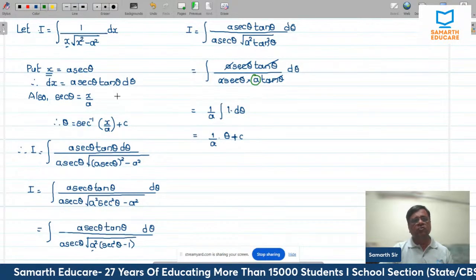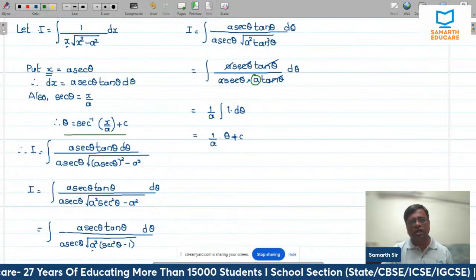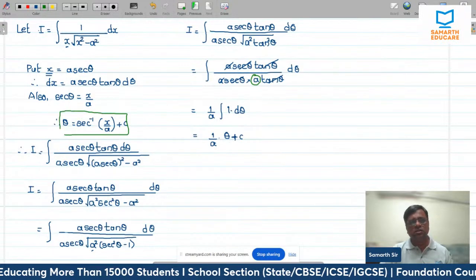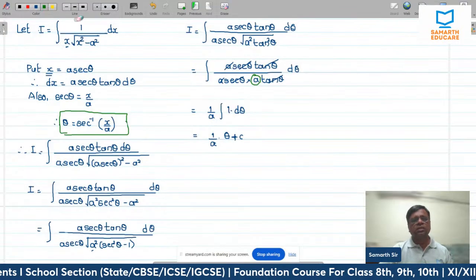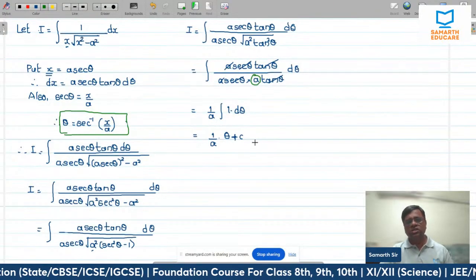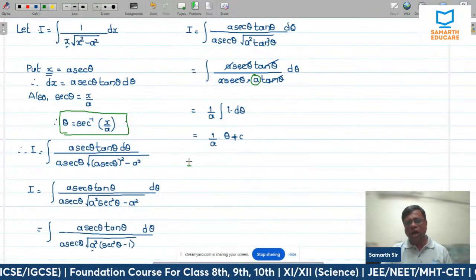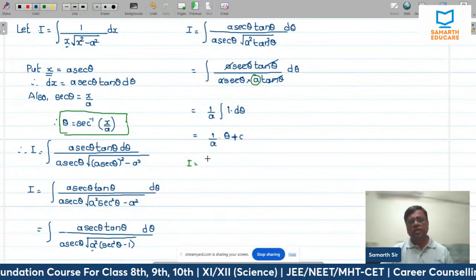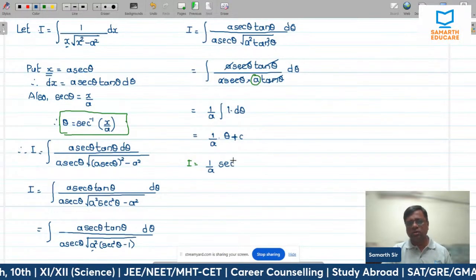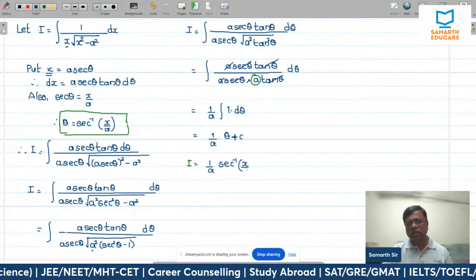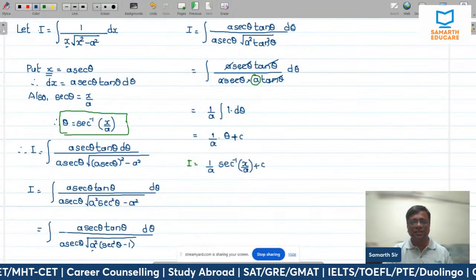Already we are aware of the value of theta, that is theta is sec inverse x upon a. So I is 1 upon a sec inverse x upon a plus c.